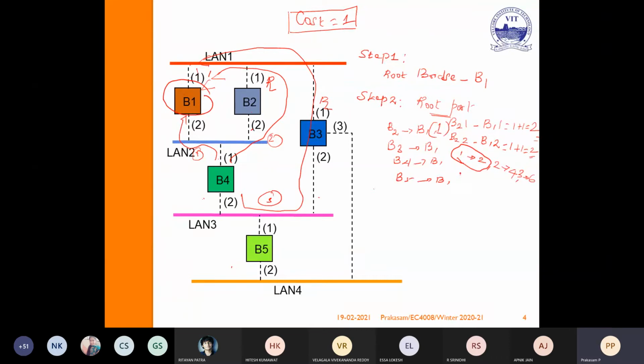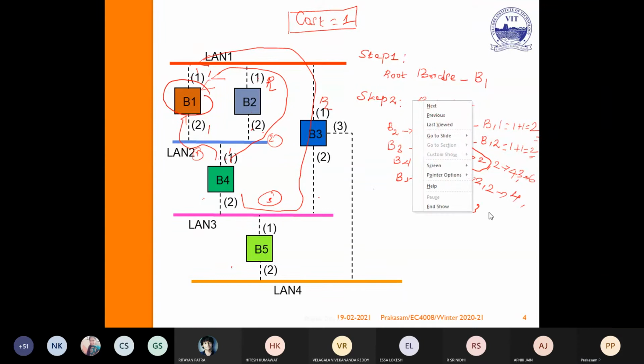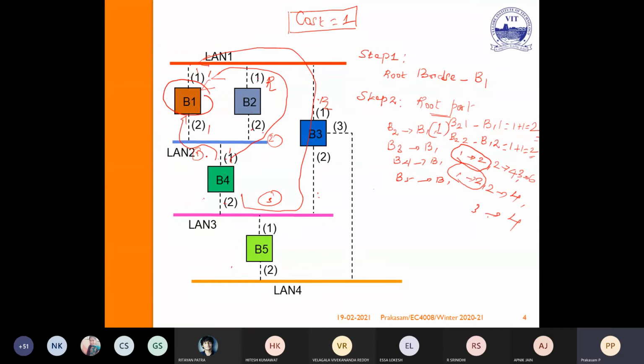So for B1, path 1 is 1 plus 1, cost is 2. Path 2, 1 plus 1 plus 1 plus 1, cost is 4. Path 3, 1, 2, 3, 4, so cost is 4. So path 1 is the shortest path, that is the least cost path. So for B4 to B1, this is the root port.